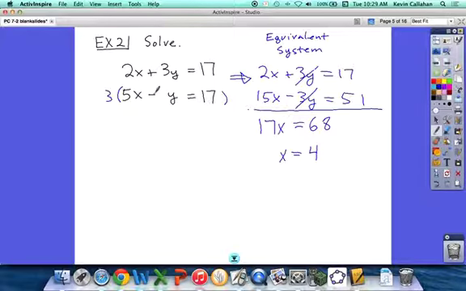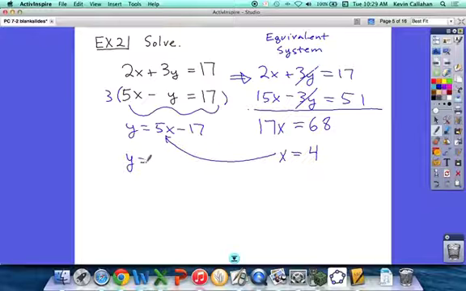That's easy to take this one and solve for y. That'll be y equals 5x minus 17. And then plug that in for the x, right? y equals 5 times 4 minus 17. y equals 3. So the point that satisfies the system is 4, 3.